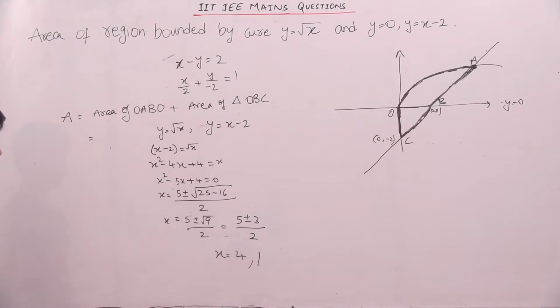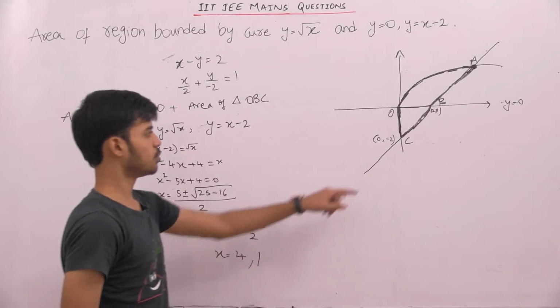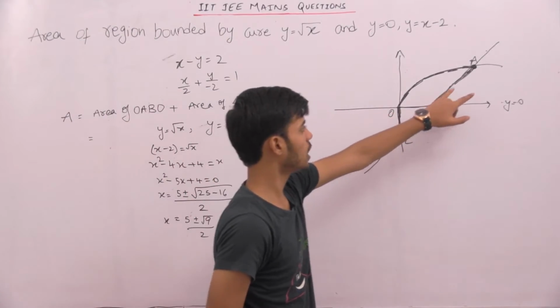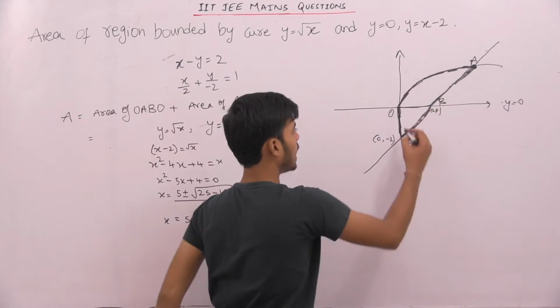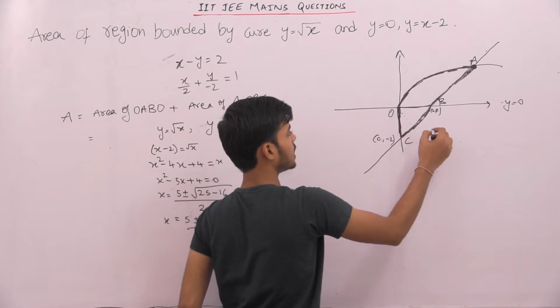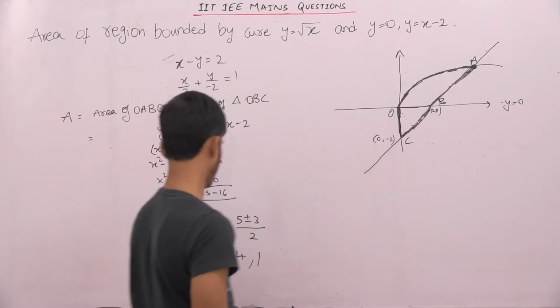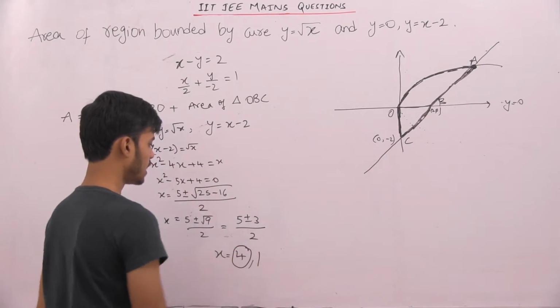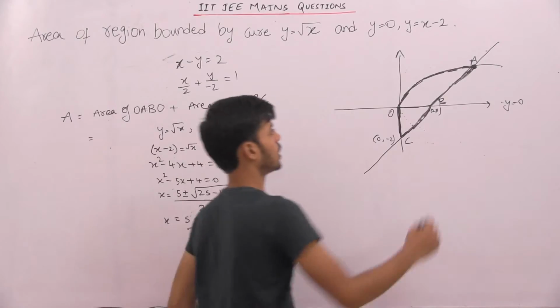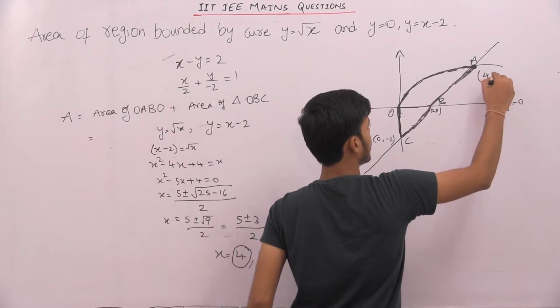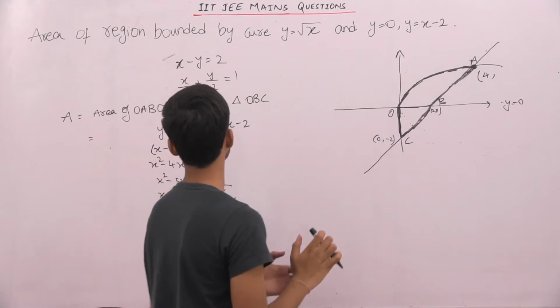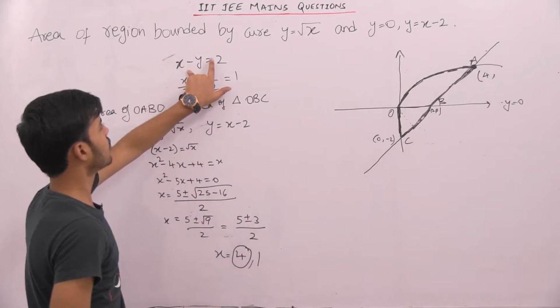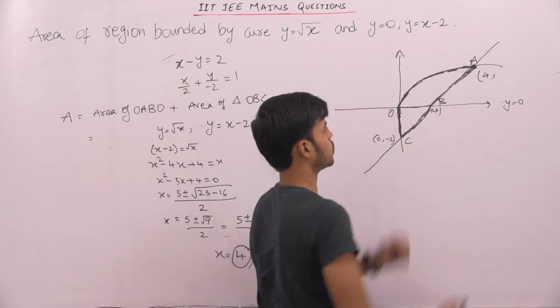So x equals 4 and 1. If you observe, x equal to 4 might be this, and x equal to 1, if we extend, should be this one. So all we need is the x value 4, and when x equals 4, we have y equals 2.